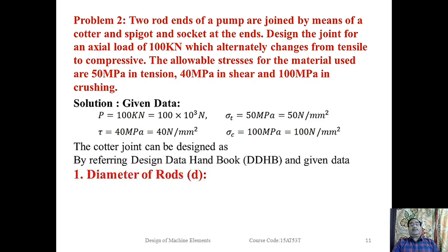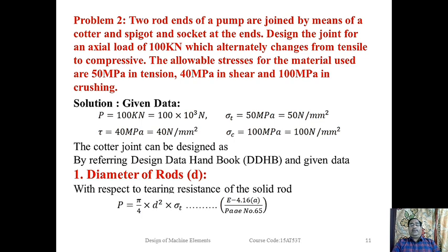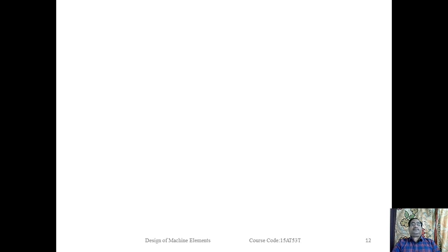So, and also by referring to the design data handbook written by K. Mahadevan and K. Balveer Reddy. Again, first one, the diameter of rod we have to calculate by using equation 4.16a, so that becomes 51 mm.